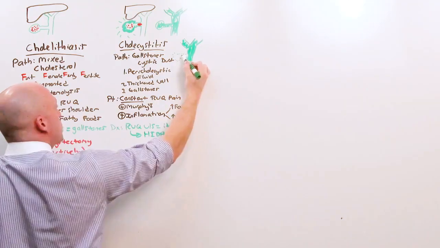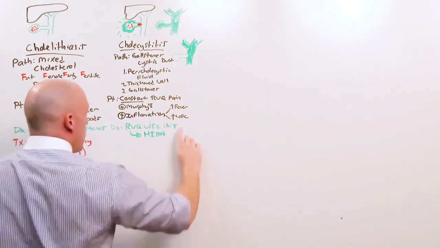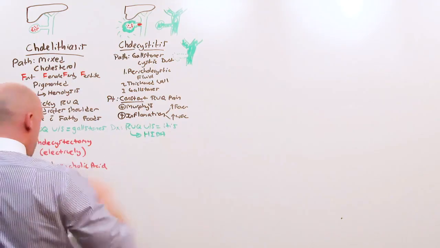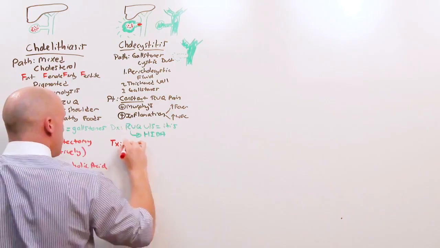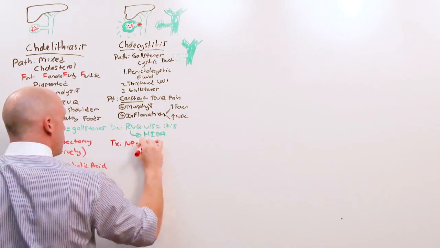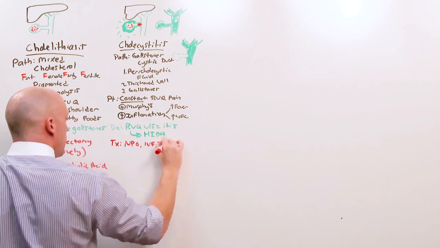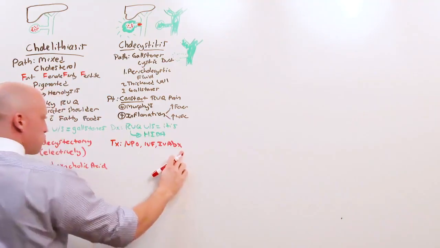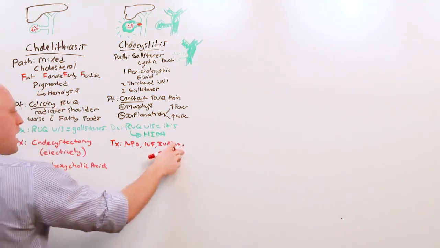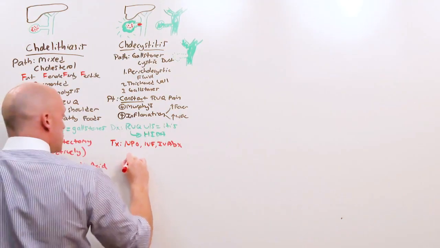Failure to fill is a positive test. If either the right upper quadrant ultrasound or the HIDA scan is positive, you're going to treat for cholecystitis. That's NPO, IV fluids, IV antibiotics. We'll talk about which IV antibiotics at the end of the lecture. And you're going to use cholecystectomy.